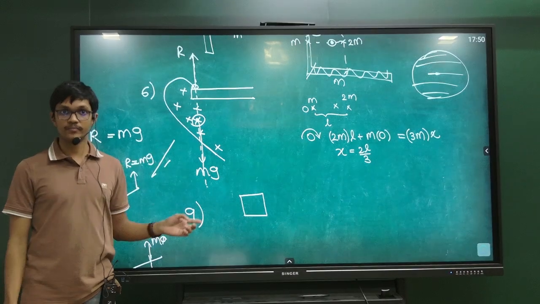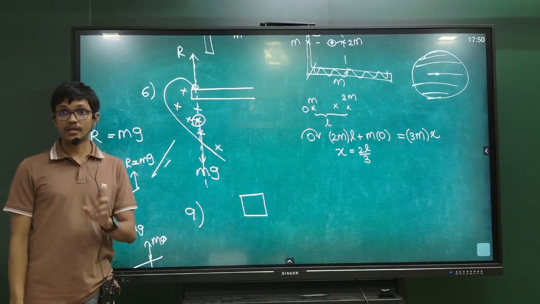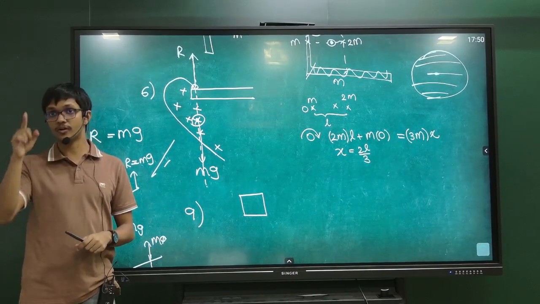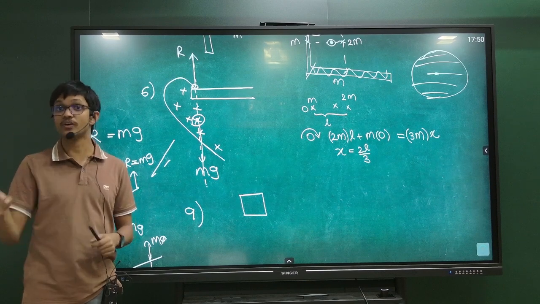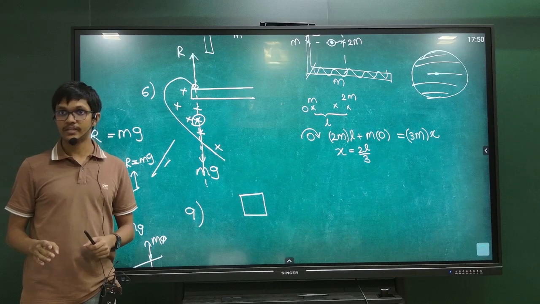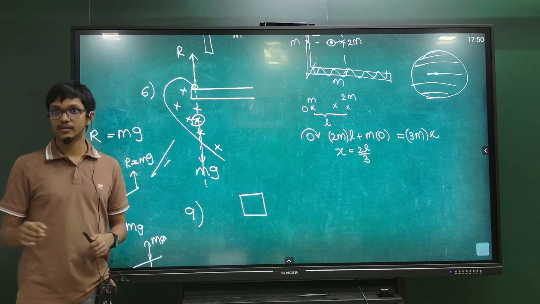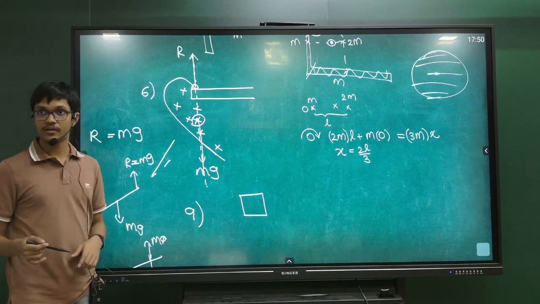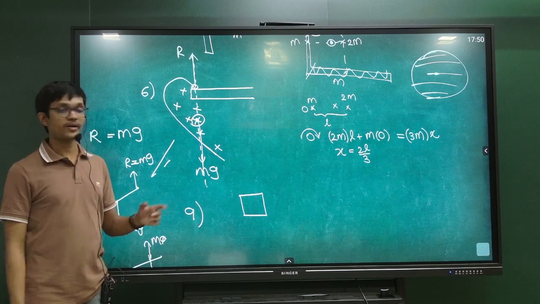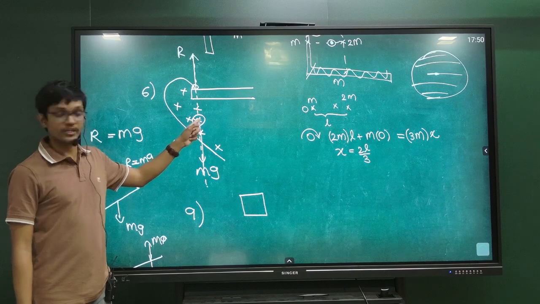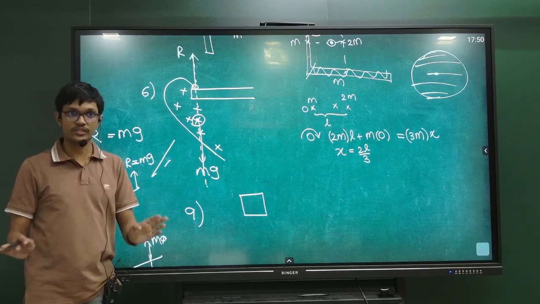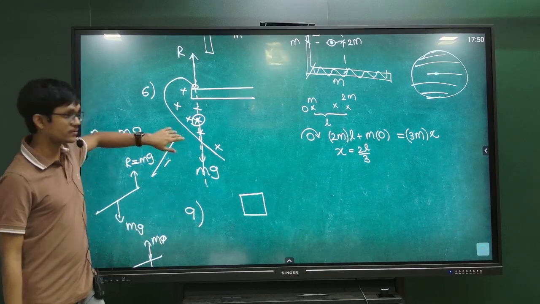And again, please know this: the center of gravity need not be on the object. It's not mandatory. Someone can question, how can the center of gravity of this system be here? It should be on the object. There's no such requirement. Why? Consider a ring.